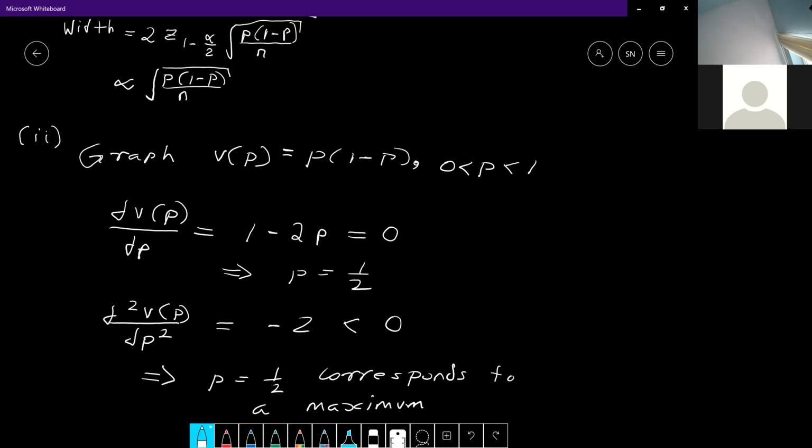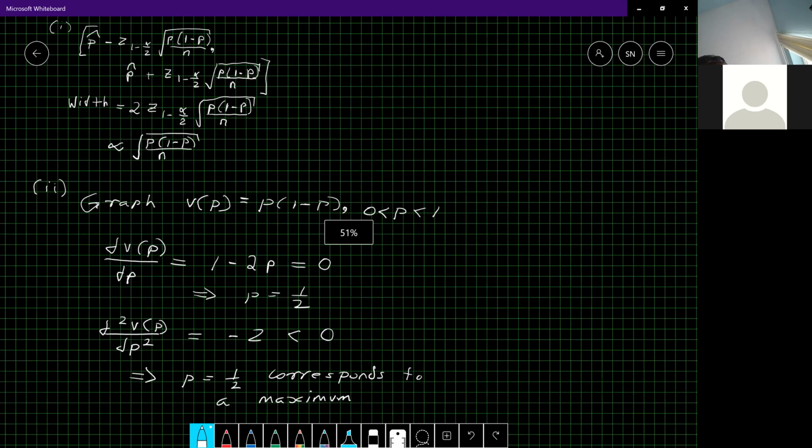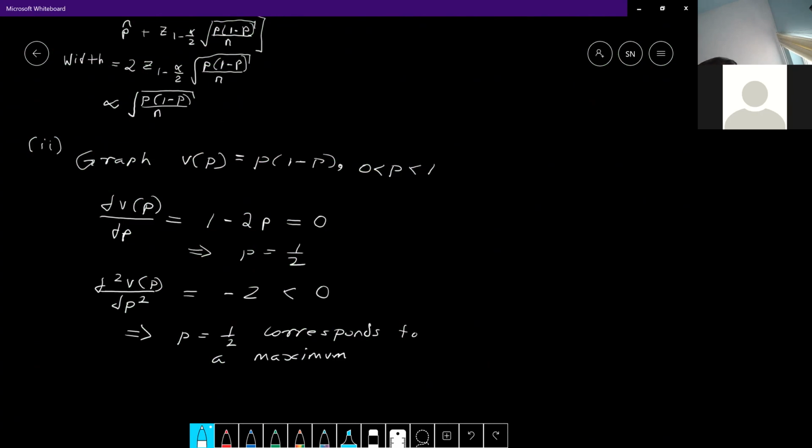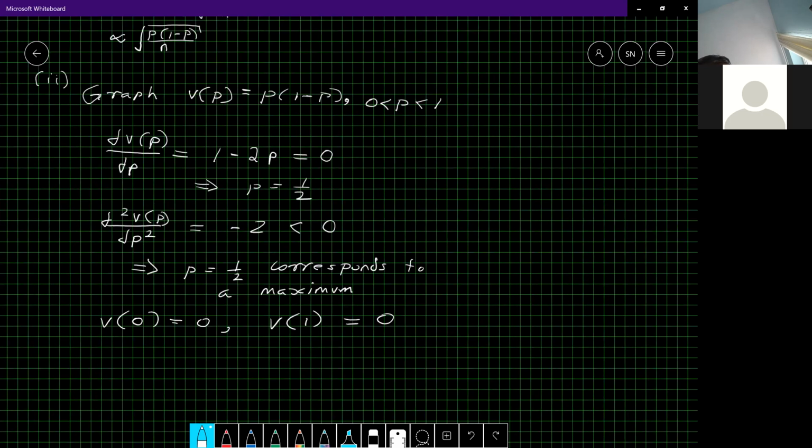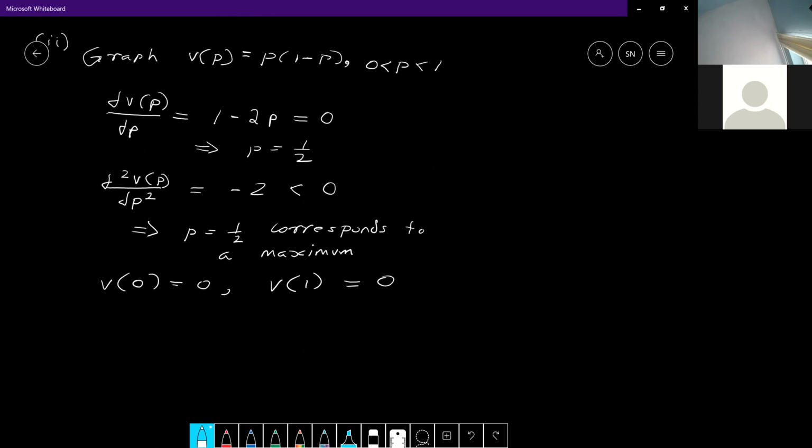Because the second derivative is negative, p equal to half must correspond to a maximum. And furthermore, if you put p equal to 0 into that equation, you get 0. And if you put p equal to 1 into the equation, you get 0. So basically we have a point of maximum at half, and the graph is 0 at 0 and 0 at 1. Okay, so the graph must look like this.